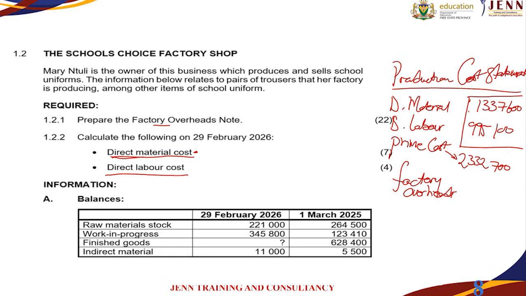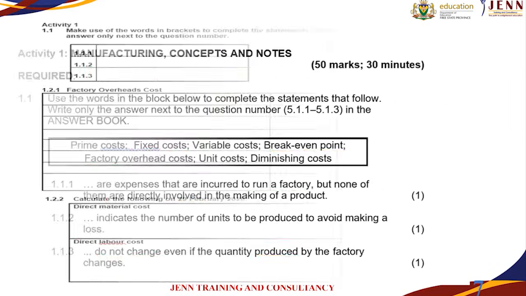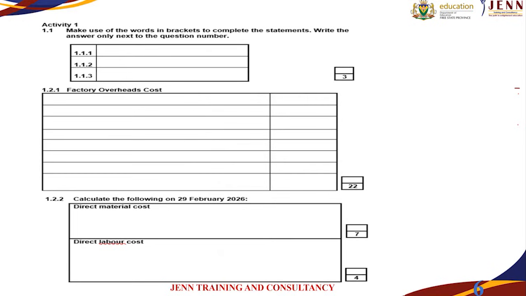On information A here, we have indirect material as well. So the indirect material will also form part of our factory overhead cost. So when we go back to our answer book here, I will write it here, indirect material.